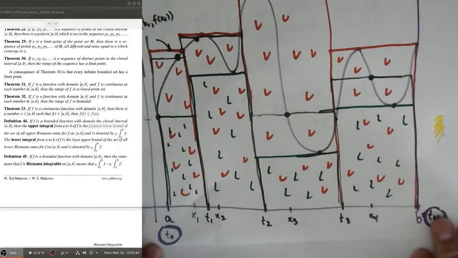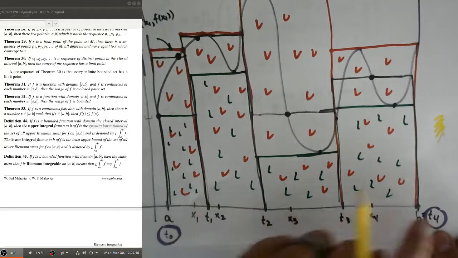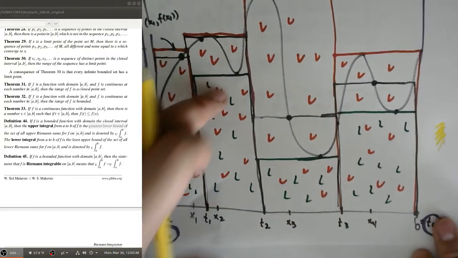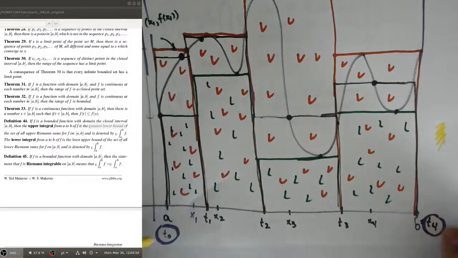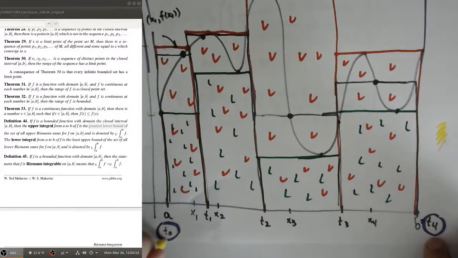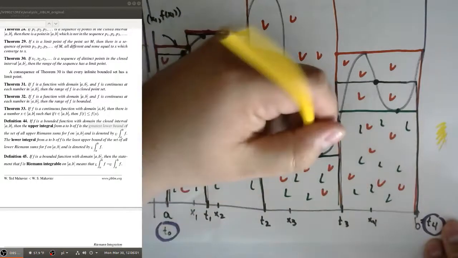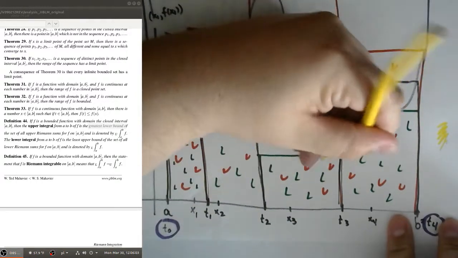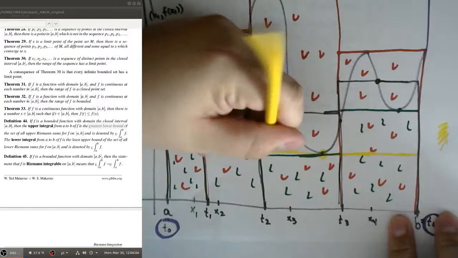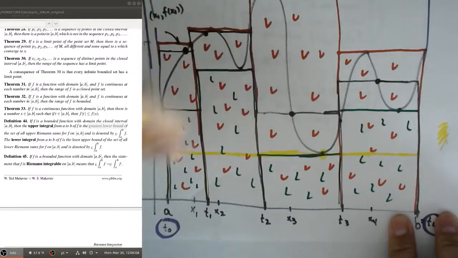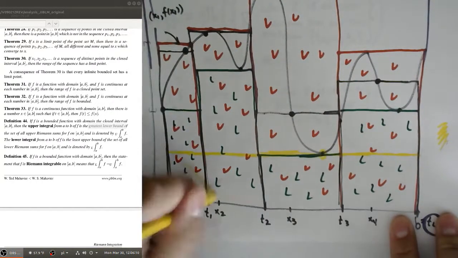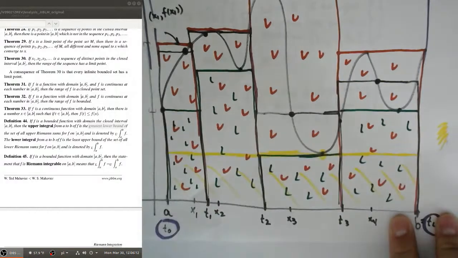With the partition T0, T1, T2, T3, T4, the lower Riemann sum was these green rectangles. If I took just the purple partition, then I have one single rectangle, and its height would be determined by the minimum value of the function over that entire range. Well, that's right here. So if I wanted to find the lowest that an integral could be, it would be the area of that yellow rectangle there. And that would be a lower bound of everything.